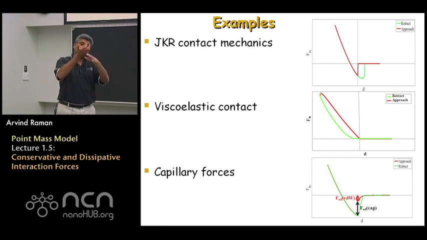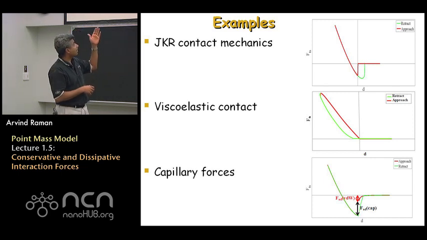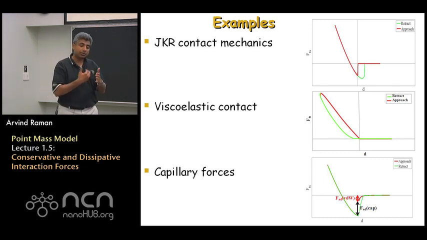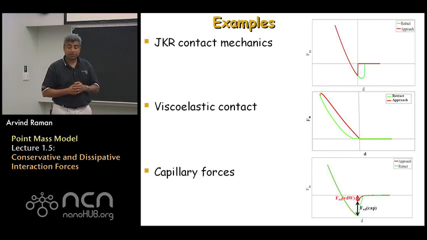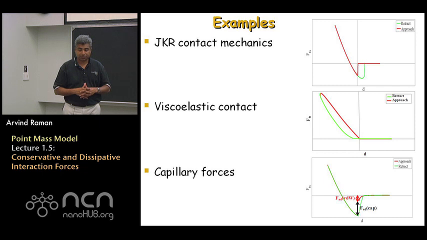You have to move the tip to a larger gap before it actually ruptures this neck, and that rupture happens along the green curve shown there. So when you go through a cycle of motion, the interaction force history, F_TS, is different when you approach the sample and when you move away from the sample. This is an example of a non-conservative interaction force.